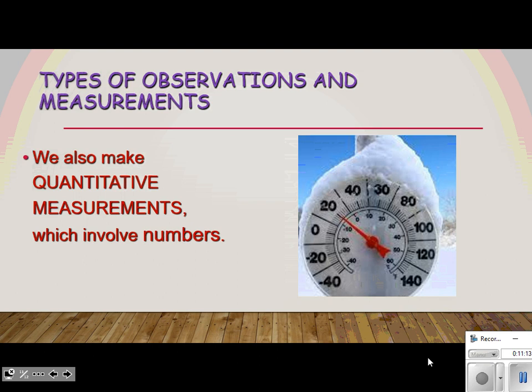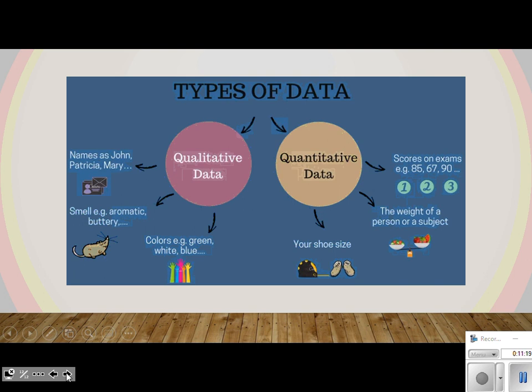Now, the final slide that we're going to go over deals with the different types. Here is some qualitative data: colors, smells, names. We all know some specific ones.